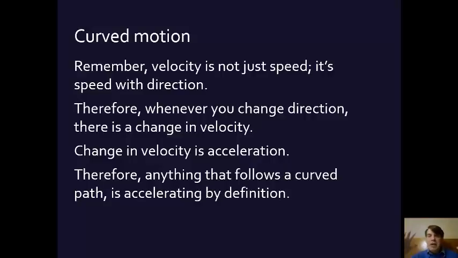This all follows by nature of the definitions of things. If velocity includes direction, then any change of direction is a change of velocity, and a change of velocity is acceleration. Therefore, anything on a curved path is by definition accelerating in some way. Now, remember, in physics, acceleration doesn't just mean getting faster. It can mean getting slower, and in this case, it means changing direction.